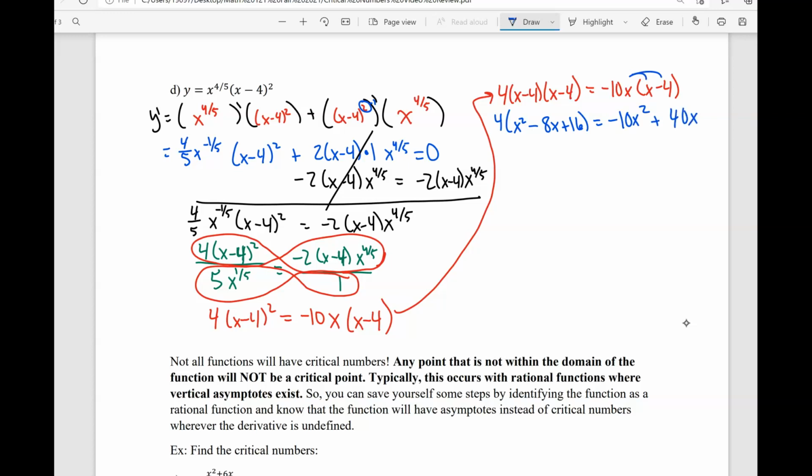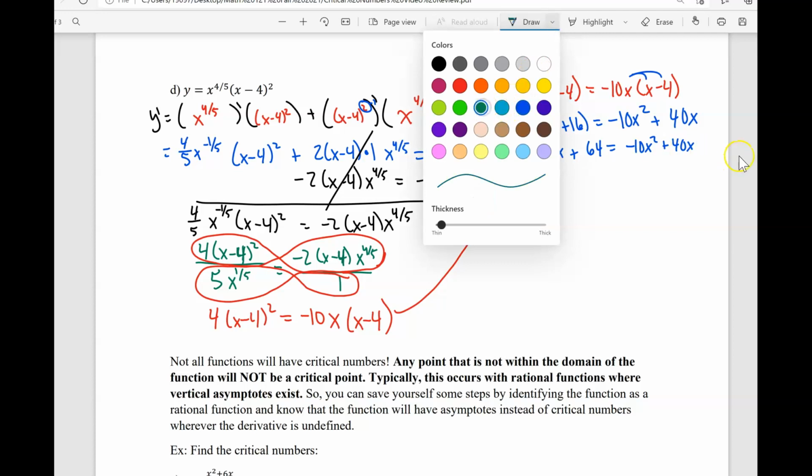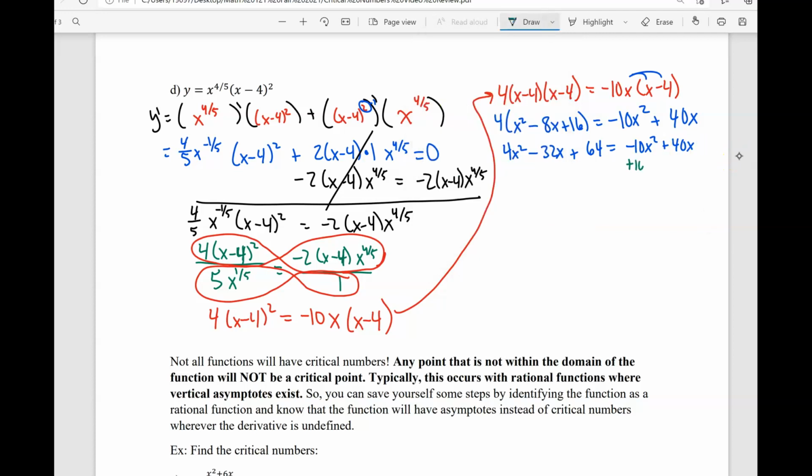All right. So I have 4x squared minus 32x plus, what is it, 64, equals negative 10x squared plus 40x. So now I'm going to add the 10x squared, and I'm going to subtract the 40x.